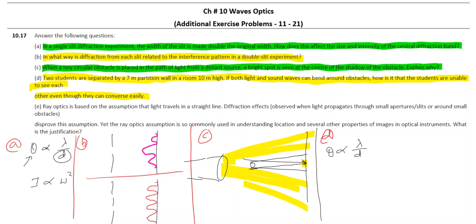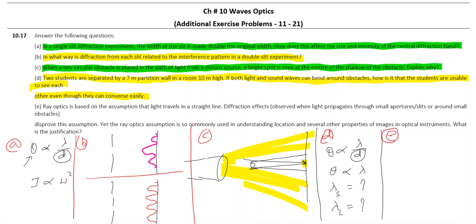Now here d is constant, so theta bending is directly proportional to lambda. Just find out lambda of audible sound and compare it with lambda of light. And you will realize that lambda of light, wavelength of light is so very less that bending will also be equally less, and hence the two cannot see each other, but the sound waves can bend enough so that they can listen to each other's voice.